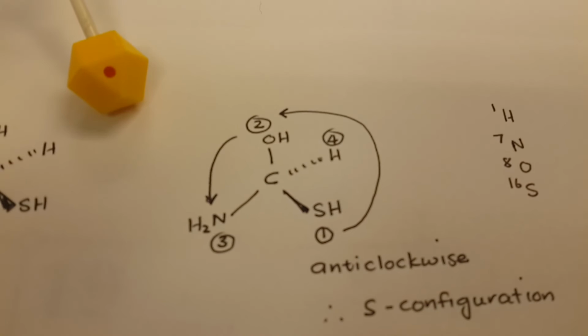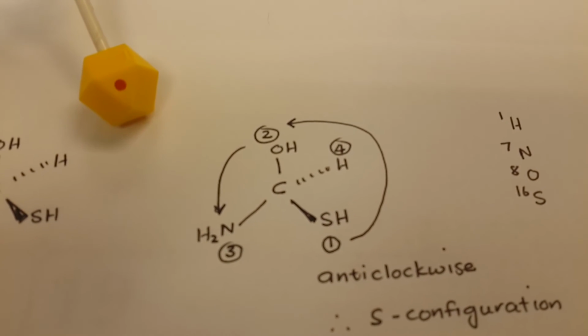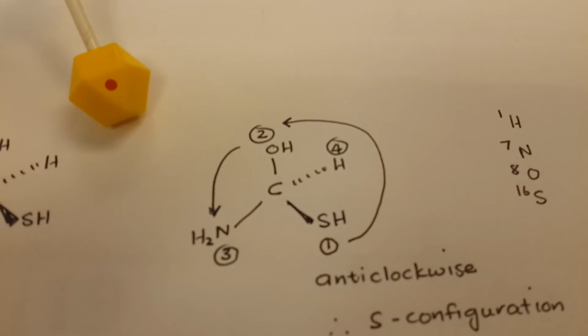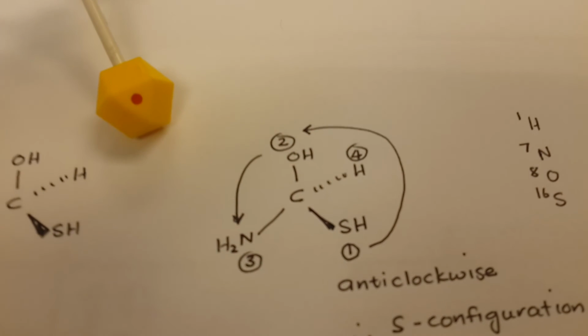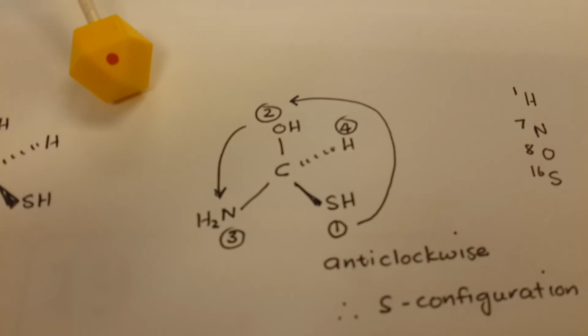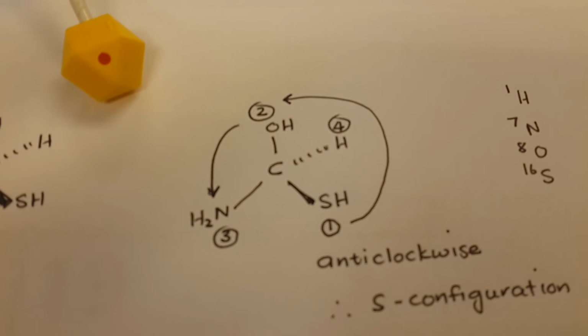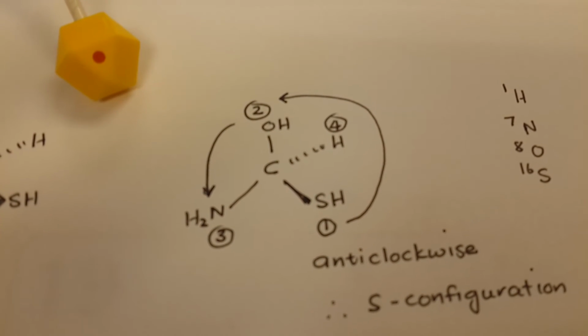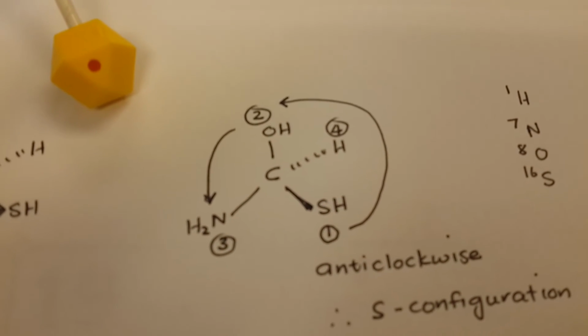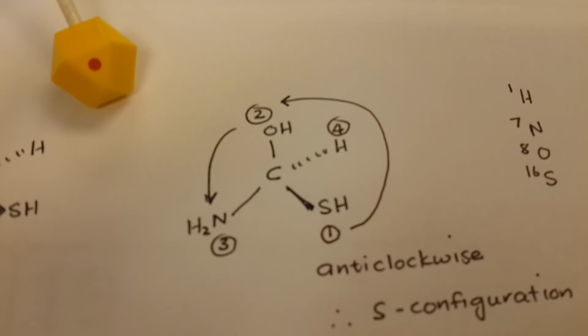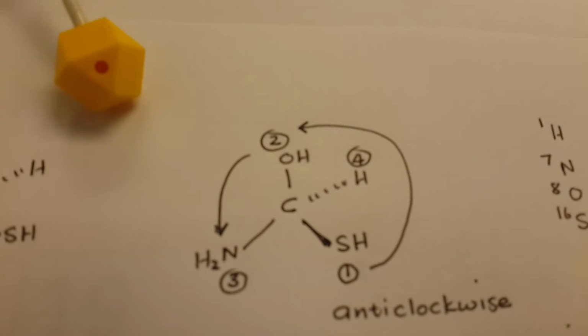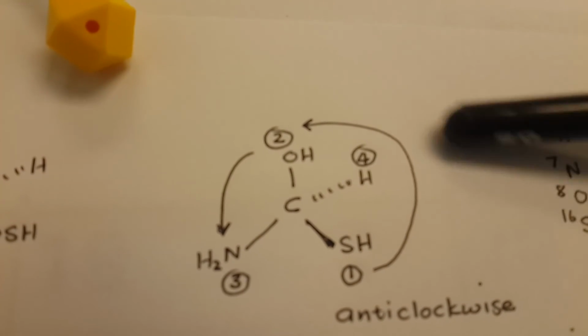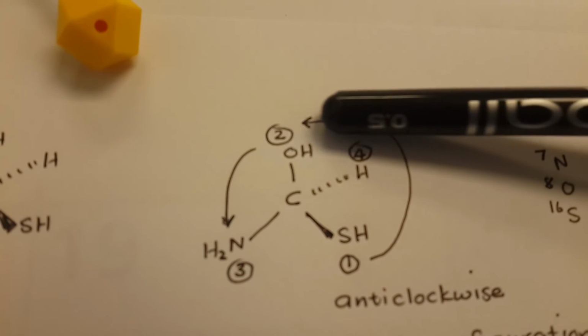Again, you'll see my thiol group is priority number 1, followed by OH number 2, and NH2 number 3. The only group that I can bypass here is the one that has the lowest priority, in this case the hydrogen, which means that I would go from priority 1 to priority 2. I can bypass hydrogen.